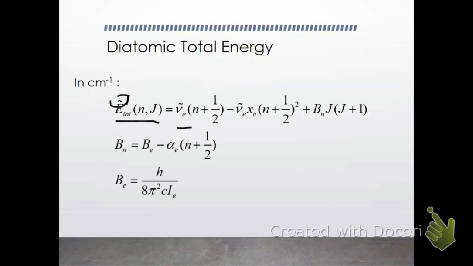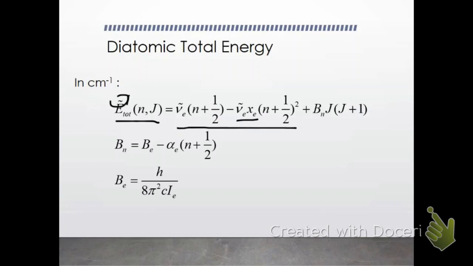The first two terms in our equation correspond to vibrational energy associated with the n quantum number. We have nu e, what we refer to as the equilibrium frequency, and nu e xe, where xe corresponds to anharmonicity, as we discussed earlier, and xe, of course, is the anharmonicity constant.